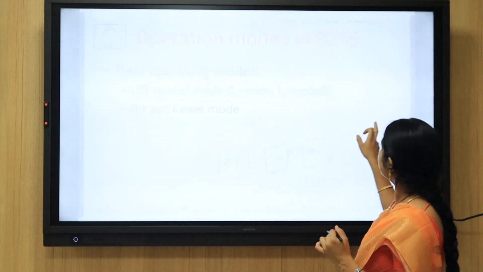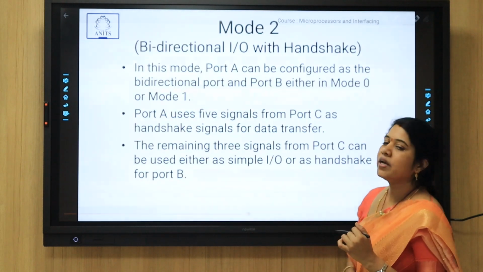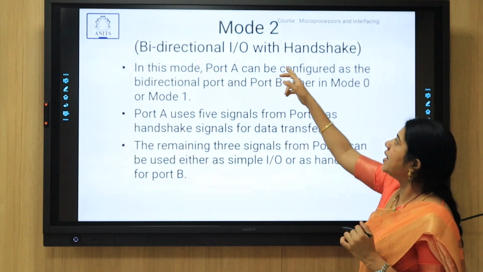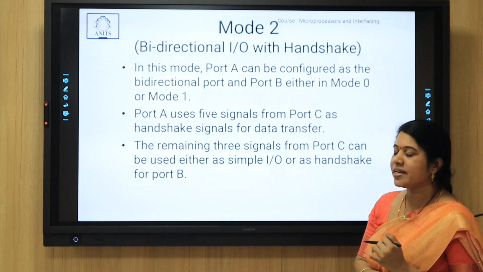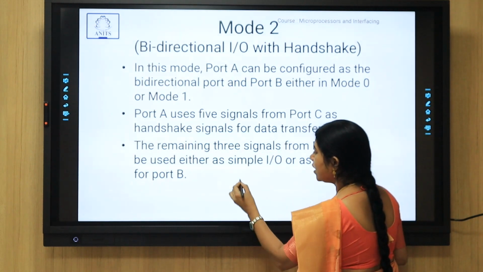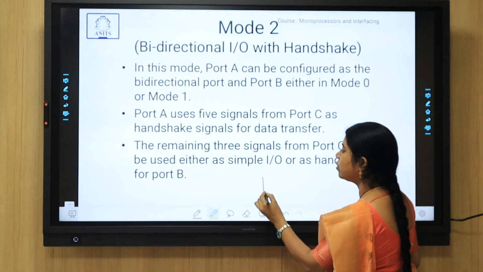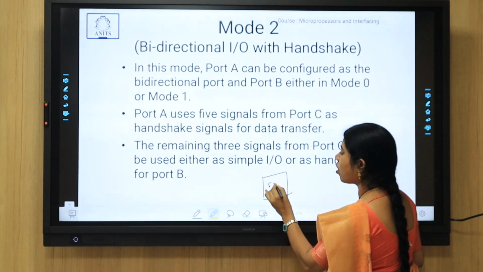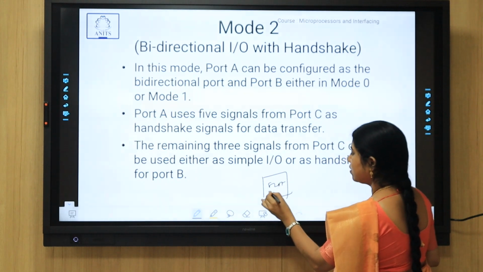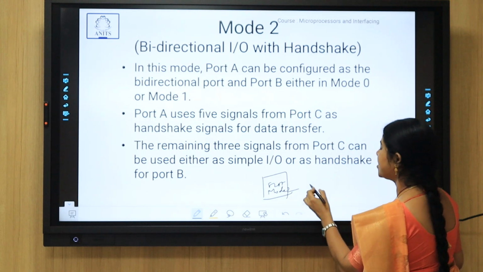Coming to mode 2. Mode 2 is bidirectional I/O with handshake. Yes, bidirectional data transfer is happening. In this mode 2, 8255 is operated in bidirectional I/O with handshake.